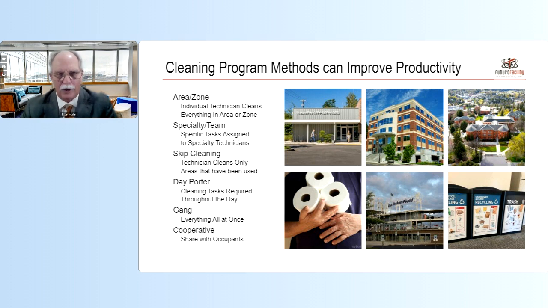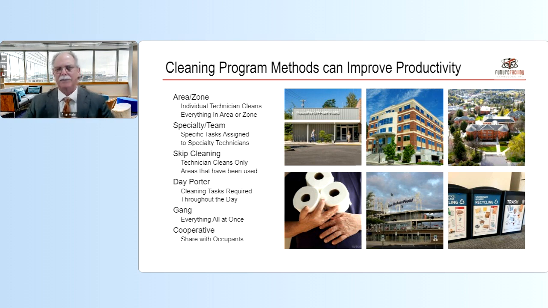So as you know, people come in all shapes and sizes, and so do buildings. So when we're trying to set up our cleaning program, we want to take into consideration the different types of cleaning that we can do that can increase the productivity for that particular building.